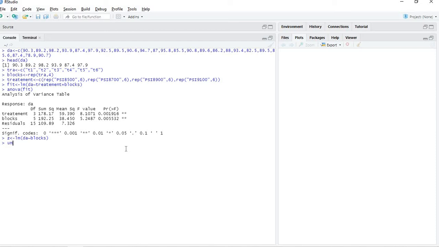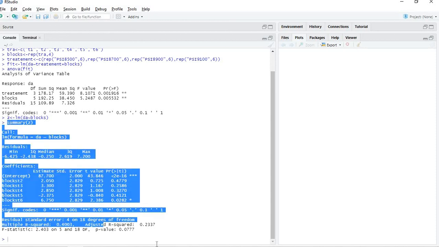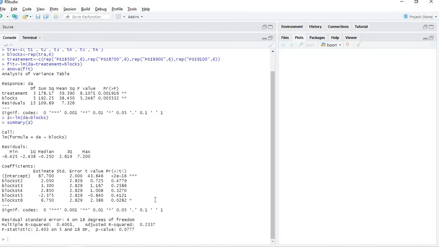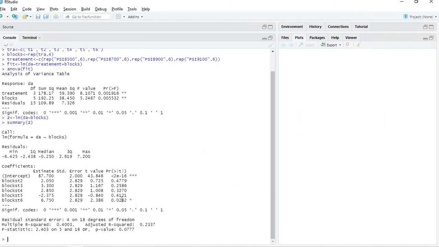Then I need the summary of the fit. Here you will get these values. This is the wrong way. We can calculate for treatments also.